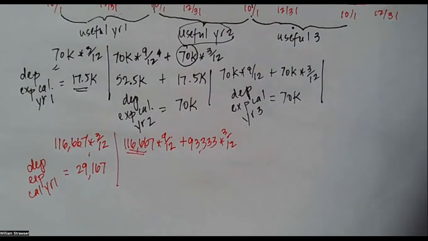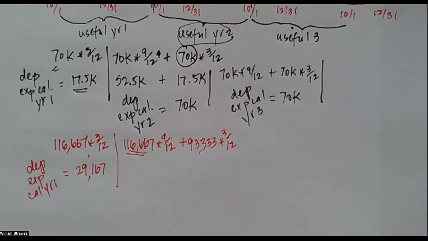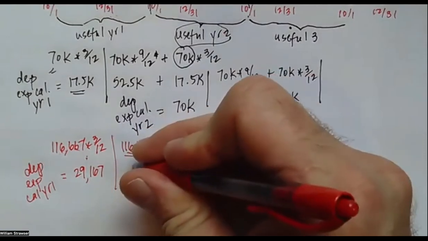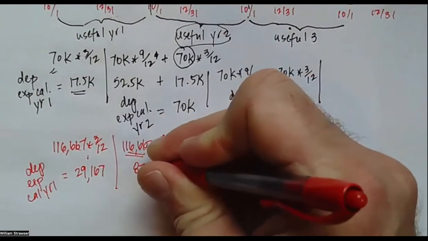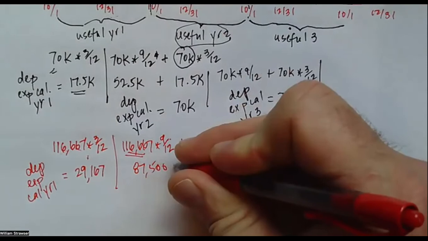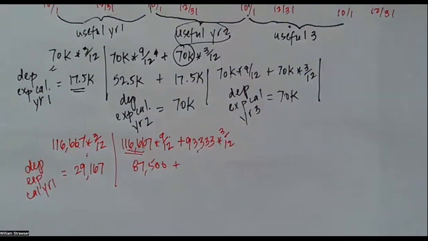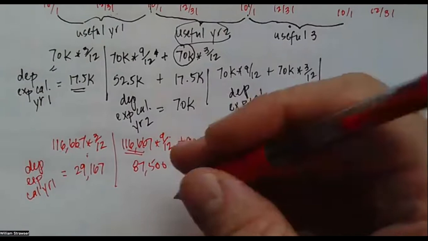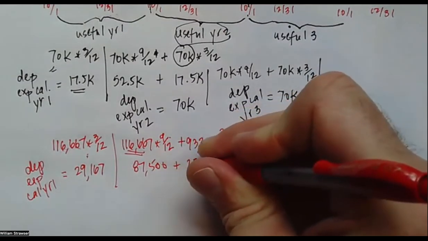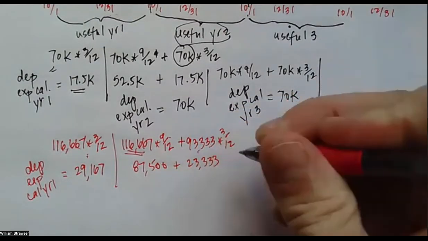So 116,667 times basically 3/4 gives me, and I'm rounding it, 87,500 plus 93,333 times a quarter, and I'll round again, 23,333.